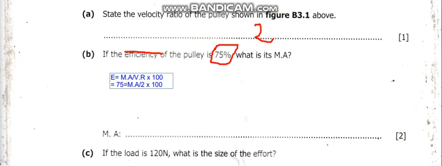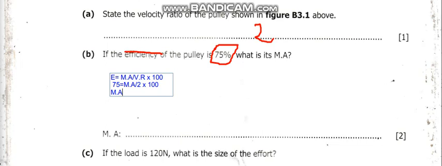Okay, so what we have now is an equation that will make us able to find the mechanical advantage. So in this case, when you do your multiplication, you have the mechanical advantage, of which this is what we are looking for.